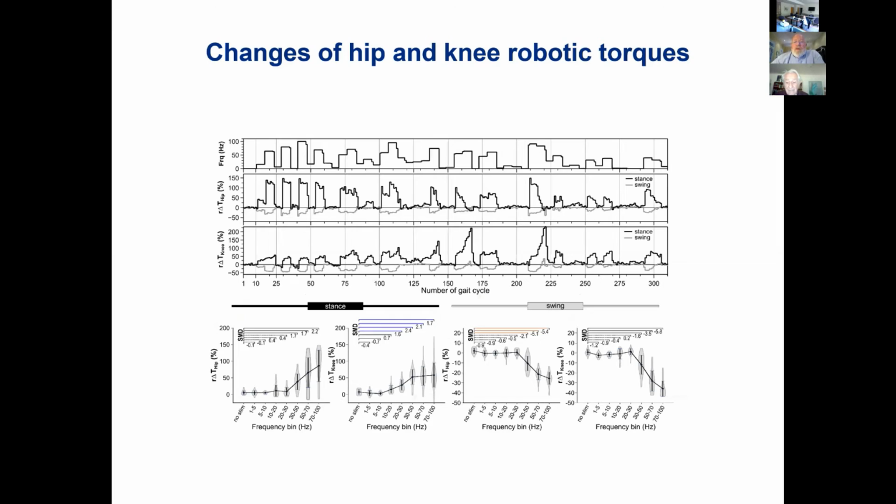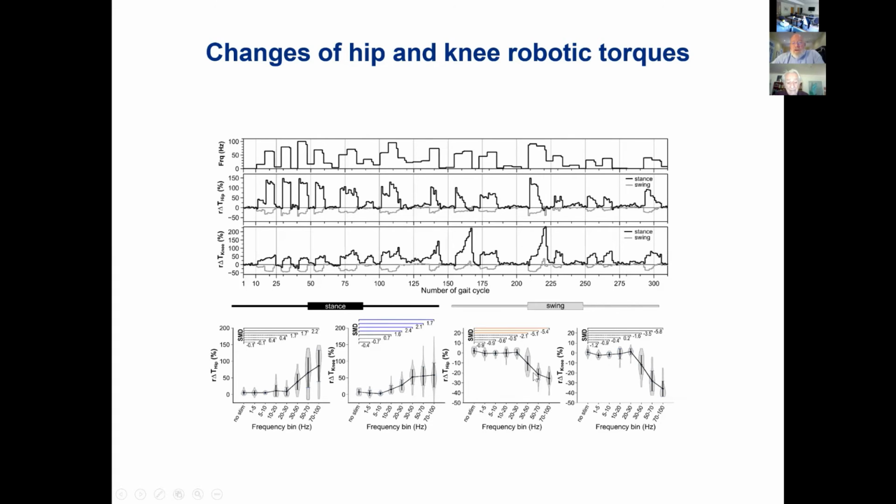So here's an example over time of randomly selected stimulation frequencies of transcutaneous spinal stimulation, not epidural, I'm sorry. And the changes in hip forces during stance and swing and the knee forces during stance and swing.